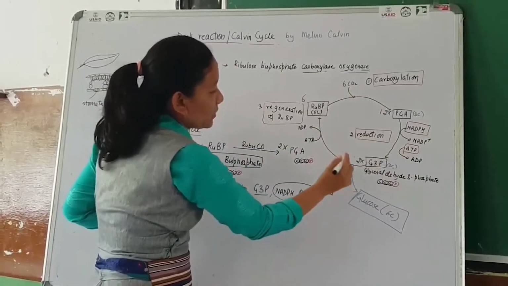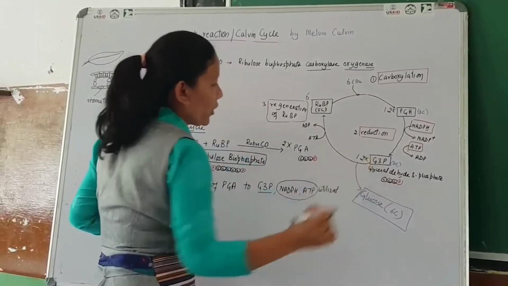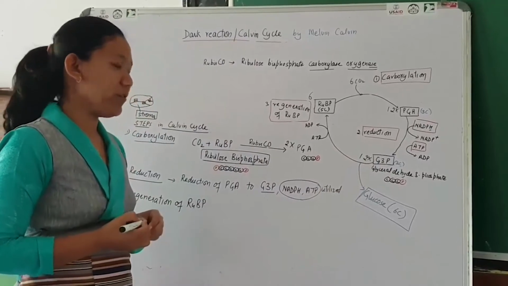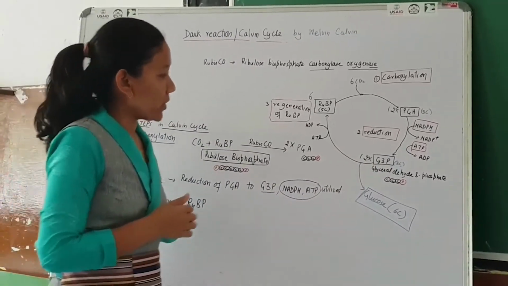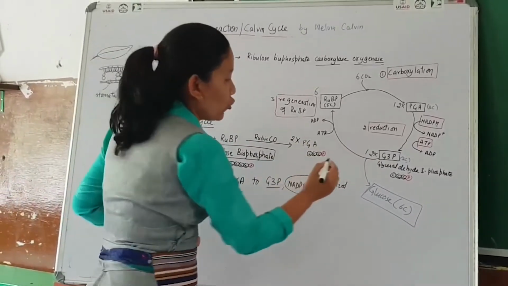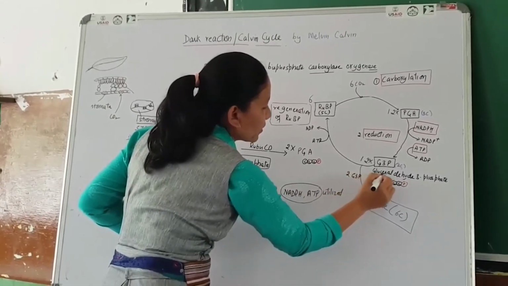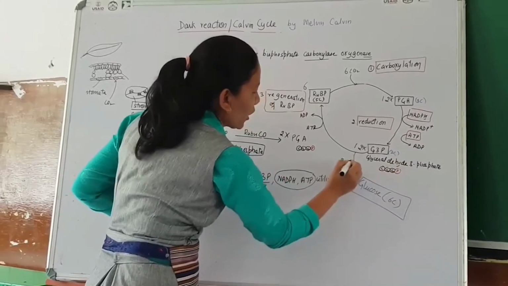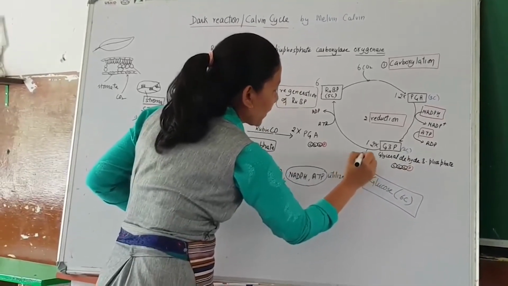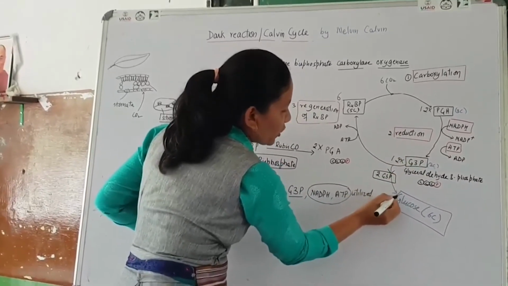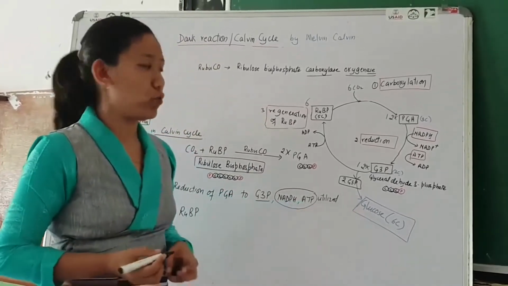Now 6 cycles are here, so it becomes 6 into 2, so 12. So there are 12 G3P, and from these 12 G3P, 2 molecules of G3P, that is glyceraldehyde 3-phosphate, withdraw from the cycle and are utilized in the synthesis of glucose.